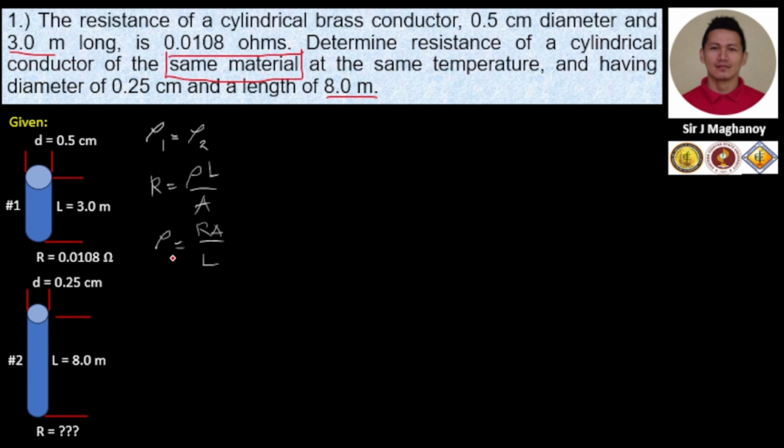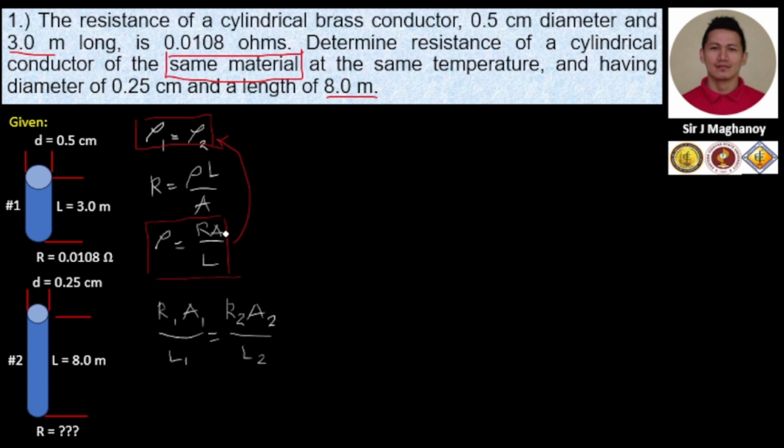This formula of resistivity will be substituted to our condition, comparing the data of both conductors. So resistivity 1, that is R1 times cross-sectional area of conductor 1 over the length of conductor 1, is equal to resistivity 2, that is resistance of conductor 2 times the cross-sectional area of conductor 2 over the length of conductor 2.